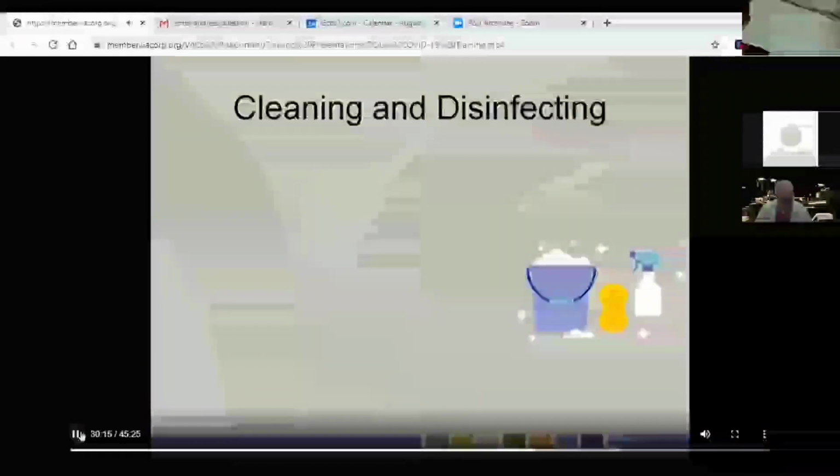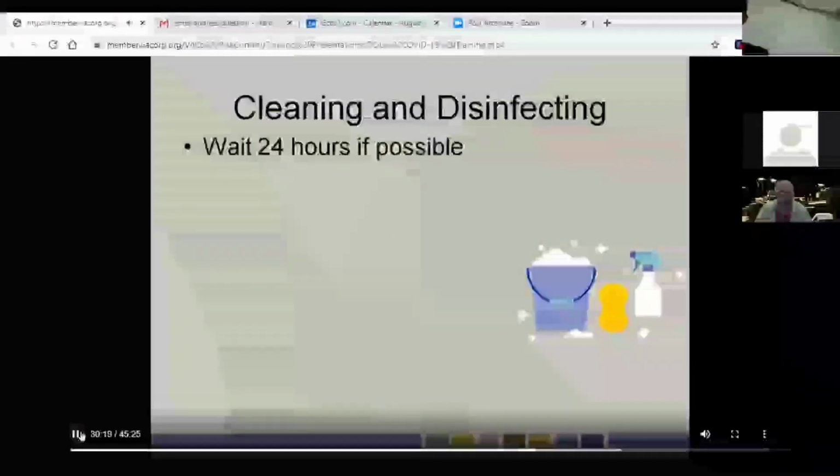So as we mentioned before, cleaning and disinfecting, we'll talk a little bit about that. When you're getting into the cleaning, if possible, you actually want to wait 24 hours if you're going to be cleaning an area specifically where someone known or suspected to be positive for the virus was hanging out. Maybe you've got an isolation room where you're putting somebody who's having symptoms before they can be transported home.